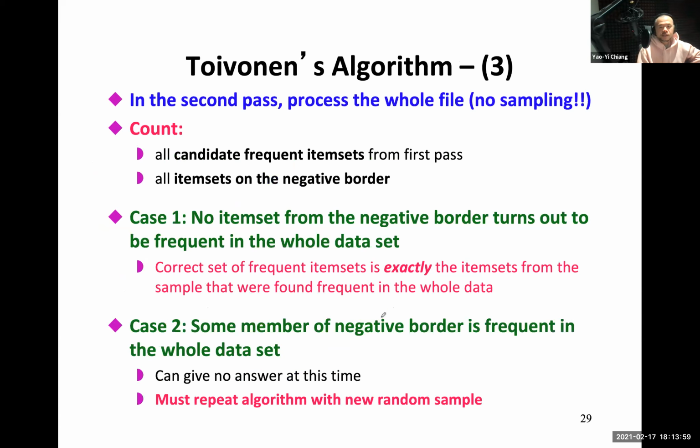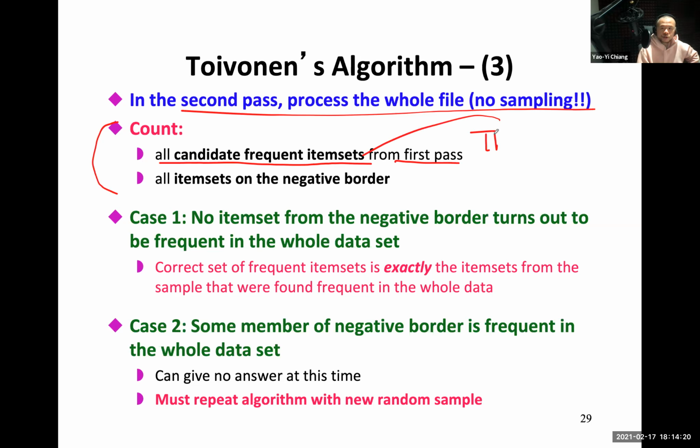Well, in the second pass, you have to process the entire file. We know that we want to eliminate false positives, right? So you have to count the candidate frequent item sets from the first pass, because the candidates contain true positives, which means they are truly frequent, and false positives, the ones that are only frequent in the sample.